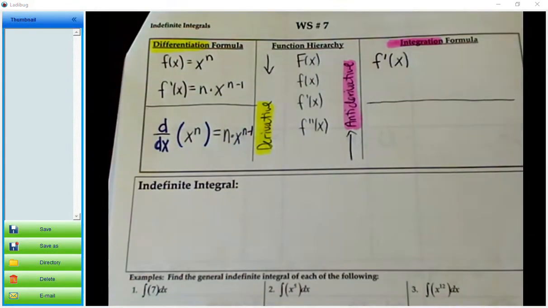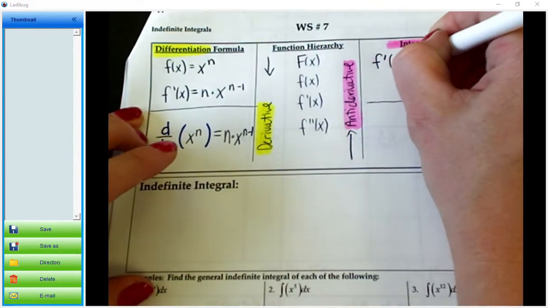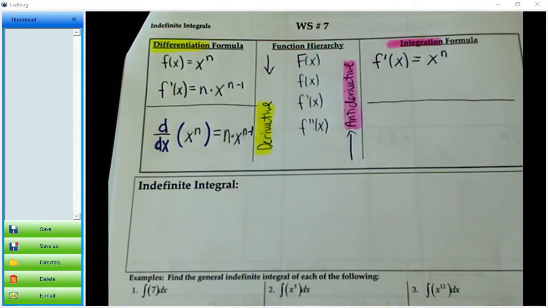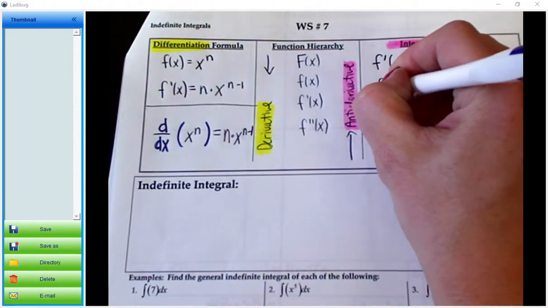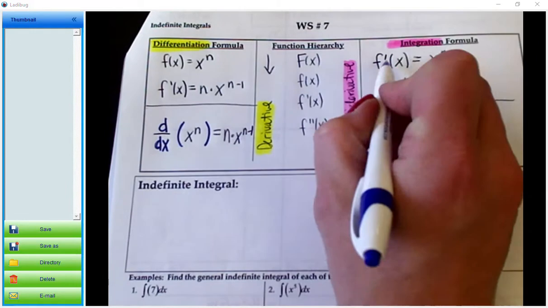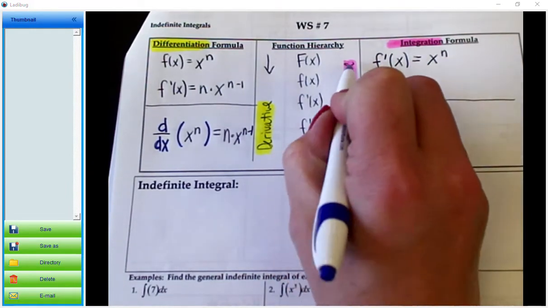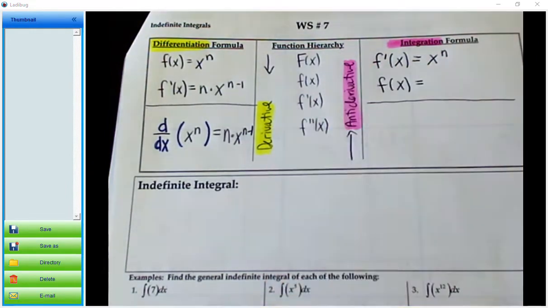Integration, right? You typically start at the derivative. So if the derivative is a power, okay, f prime to f, that is this direction. That means I need to do an antiderivative to move that direction.